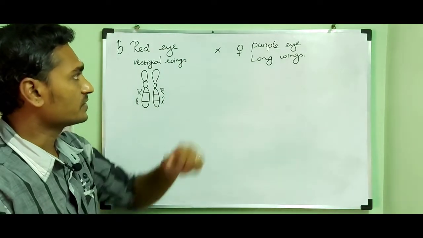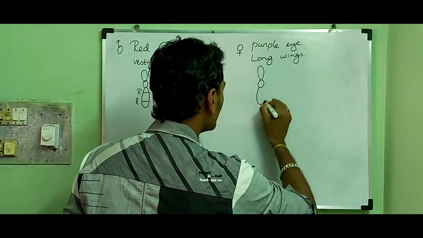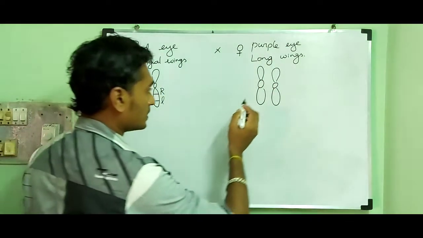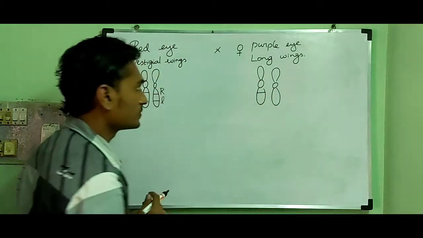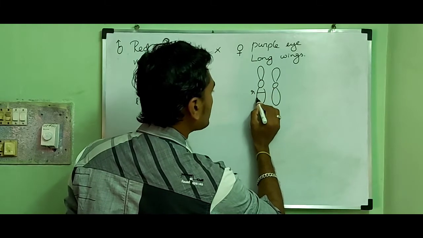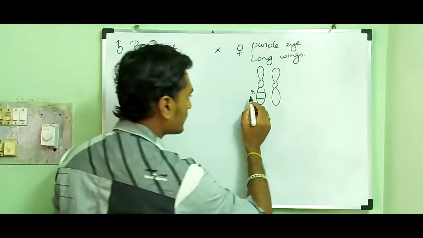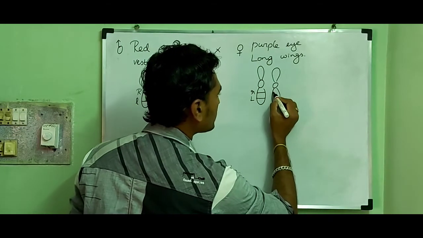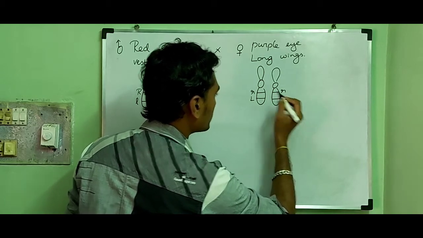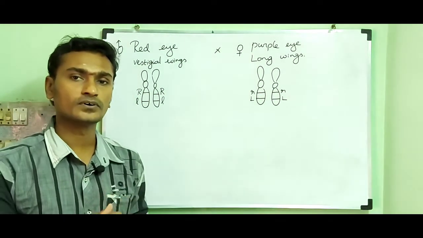In the case of purple eye and long wings, it also contains two homologous chromosomes with two alleles. The purple eye is the recessive trait, so the recessive allele is small r. The long wing is the dominant trait, so the dominant allele is capital L. Here also you have to write the same, small r, capital L. Then the two individuals are ready for the cross.